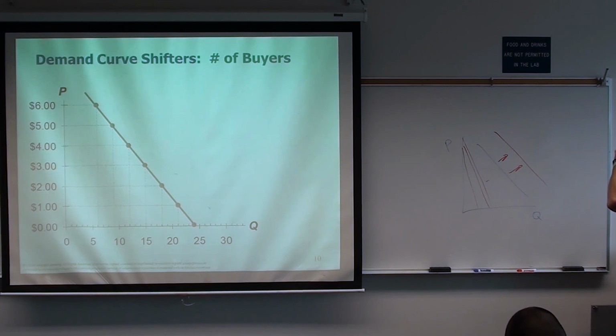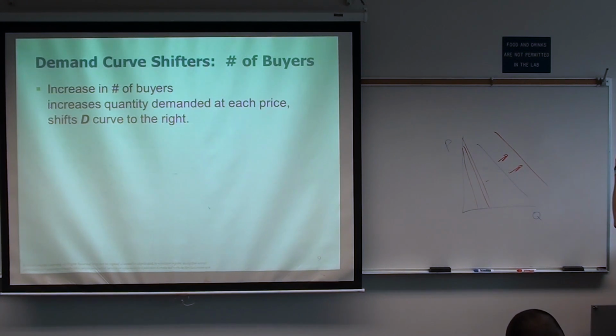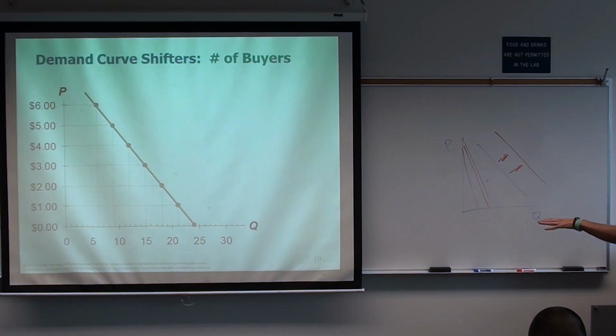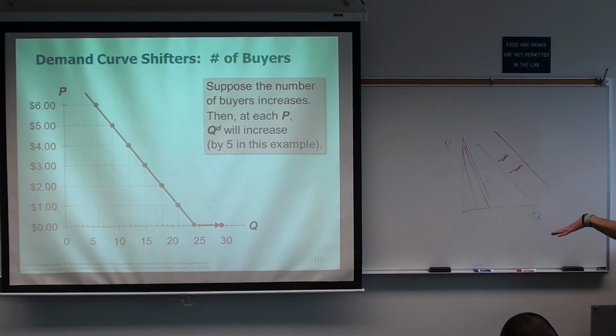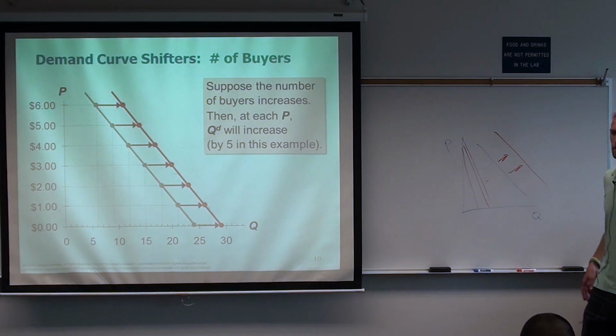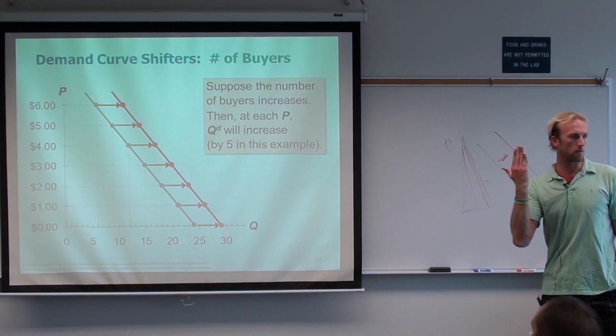So increase in number of buyers shifts the demand curve to the right, and let's look at what it does to the graph. Let's just imagine that at every price point, 5 more people want to buy the good, so 5 more of the good is purchased. I just draw a new demand curve where everything is shifted over 5.